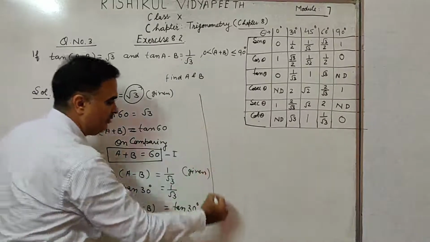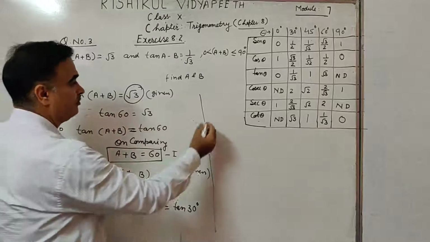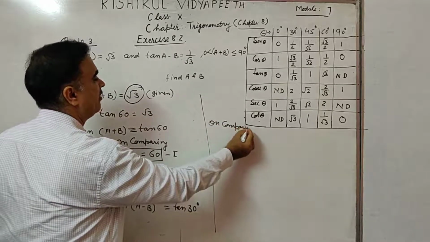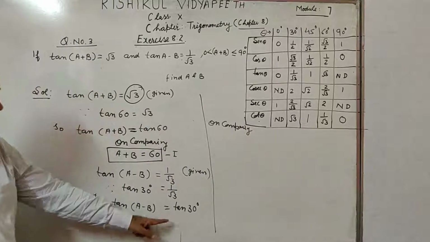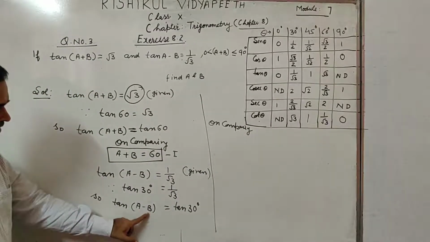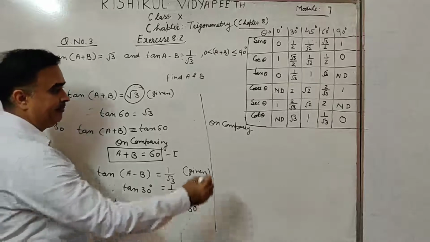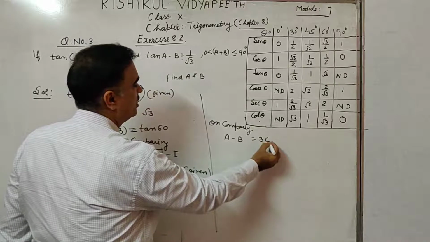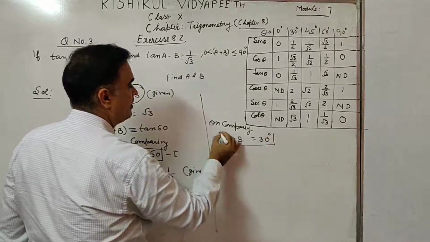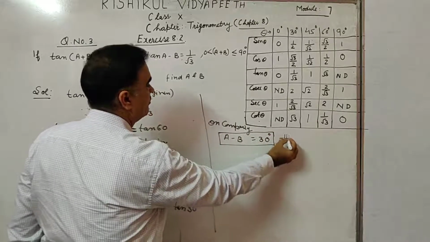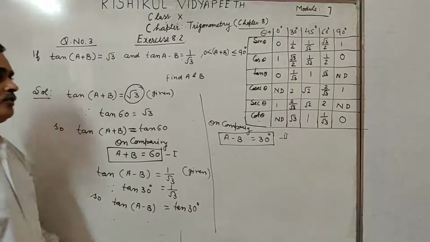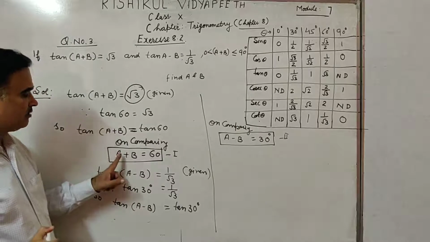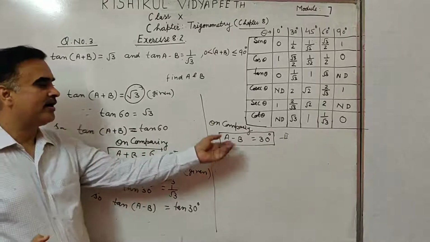Now again the same way, on comparing, what did you get? A minus b equal to 30. This is second. These two equations, as you have done in the linear equation chapter, are two variables: x plus y equal to 60, x minus y equal to 30.